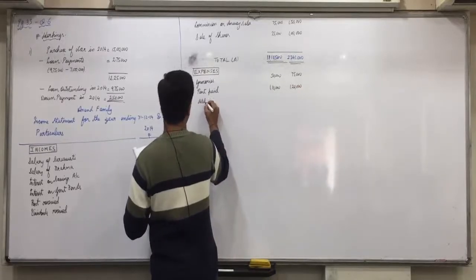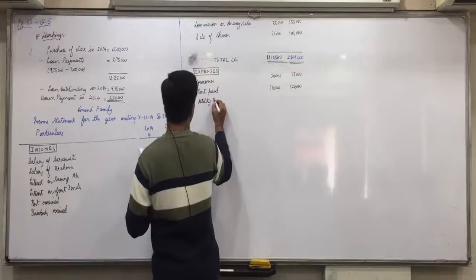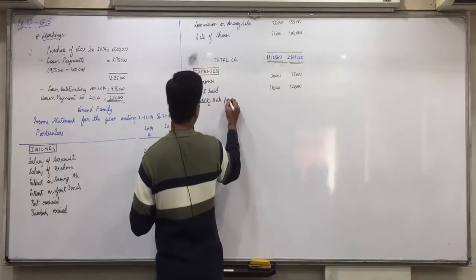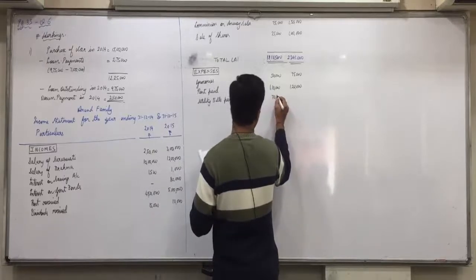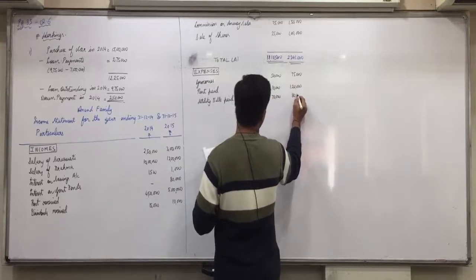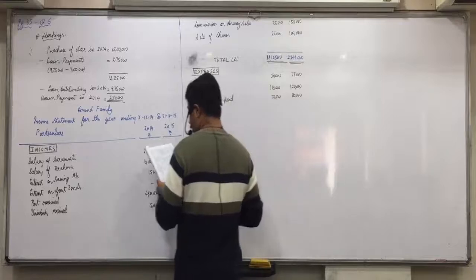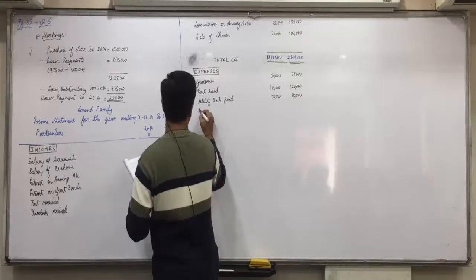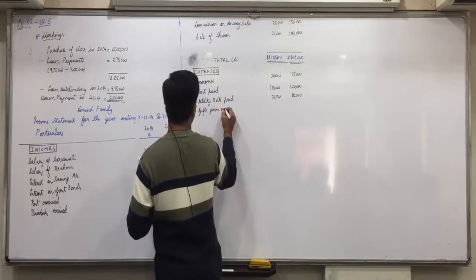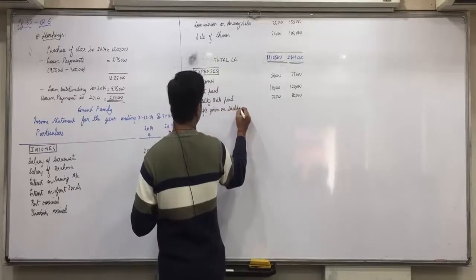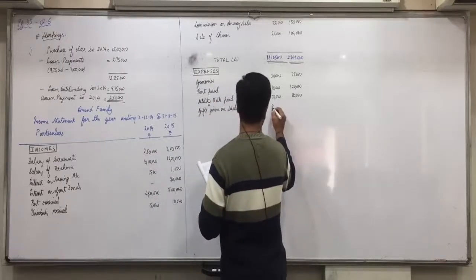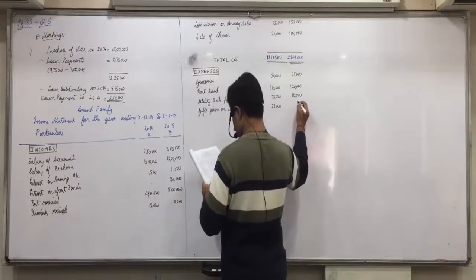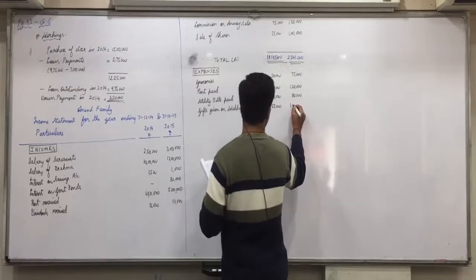Utility bills paid 70,000 and 80,000. Gifts given on weddings 23,000 and 1 lakh.